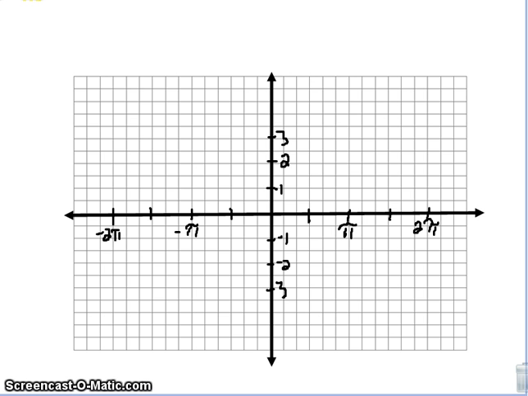Go ahead and let's graph our cosine. Y equals the cosine of x. I'm just going to dot that one in. It's 1, 0, -1, 0, 1.